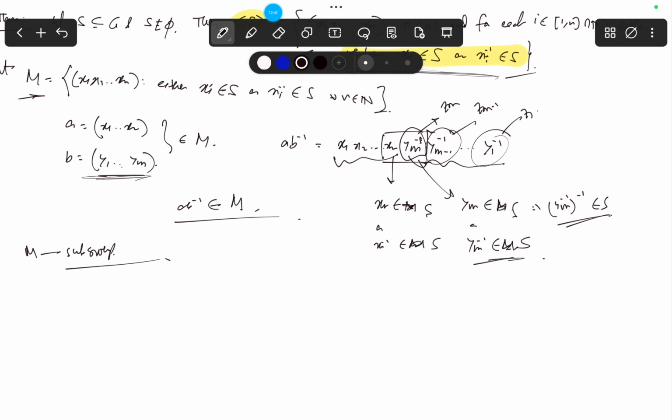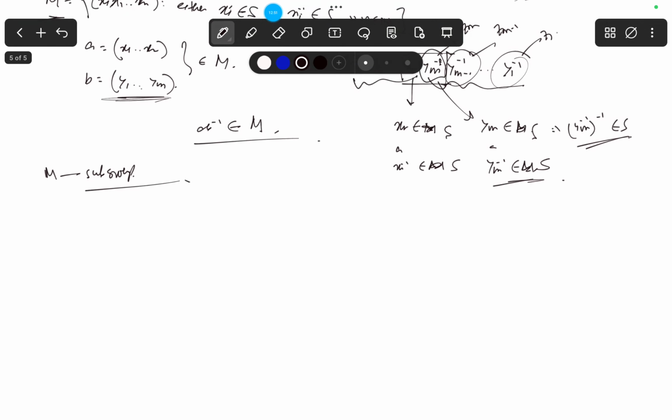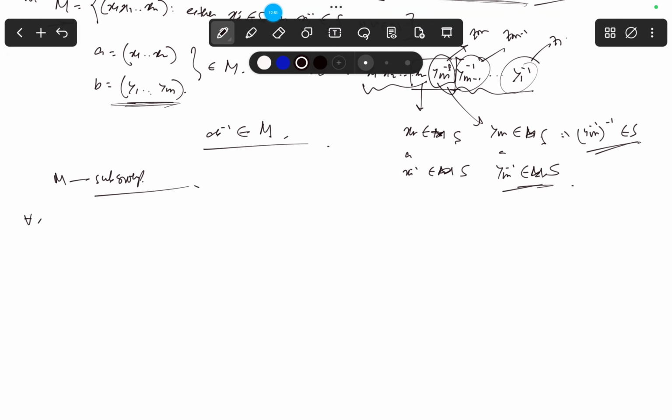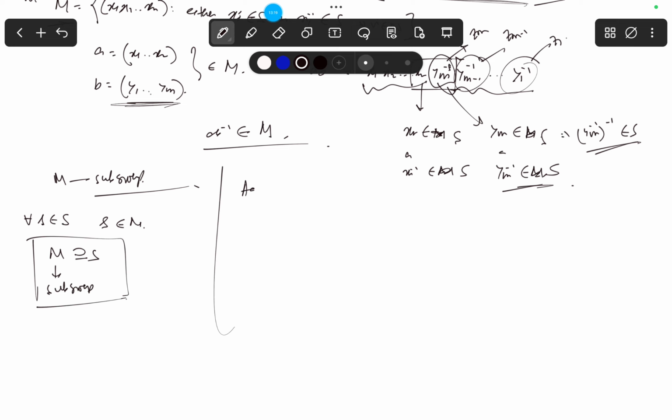Now since M is a subgroup, for all small s in capital S, we can take a word of one alphabet, that is s. So of course s should be there in your M. So M is a subgroup that contains S. Now, the converse.